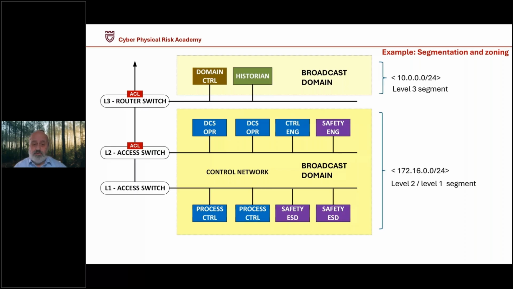The router switch on the top will split it up, so that this is a separate Ethernet domain. It's not split below; it's one single broadcast domain. That means that all the nodes can see each other, can communicate with each other, but also can disturb each other. If I have any traffic between the two safety ESDs, one safety ESD initiating a signal that another part of the system also needs to shut down, that's a kind of multi-stage shutdown situation.